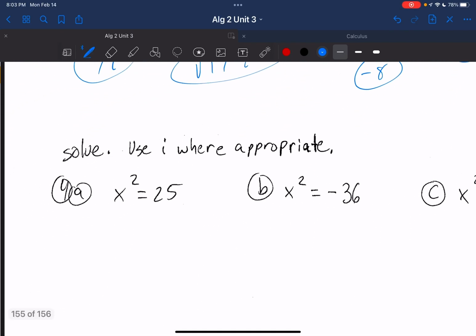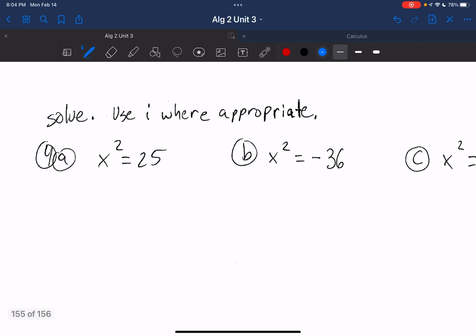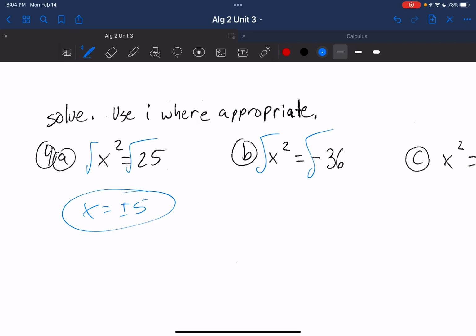When I take the square root of each side of the equation, I have to think about two answers working, and that'd be plus and minus 5. Over here, I'm taking the square root of the negative and the 36.